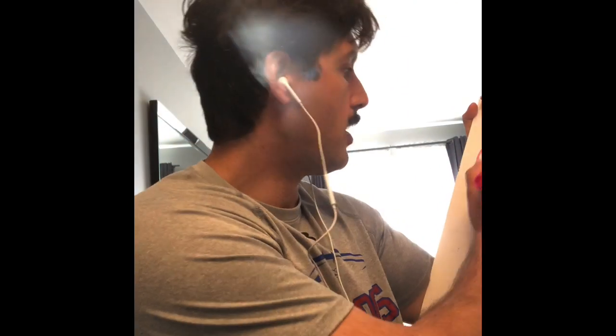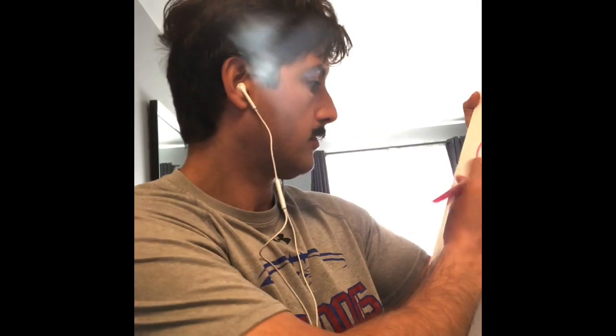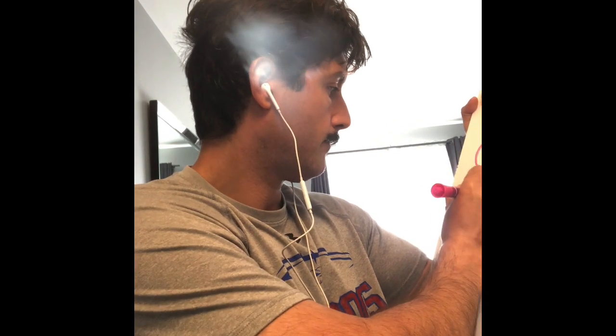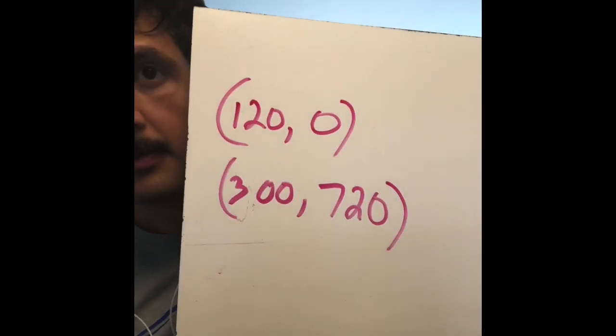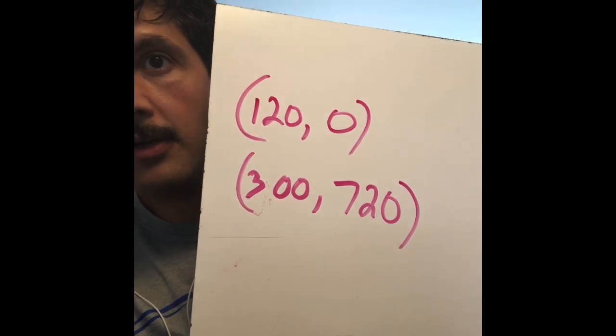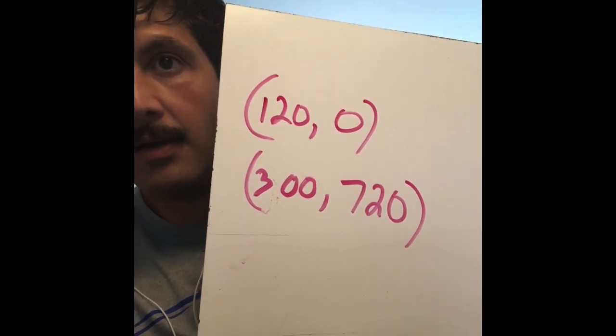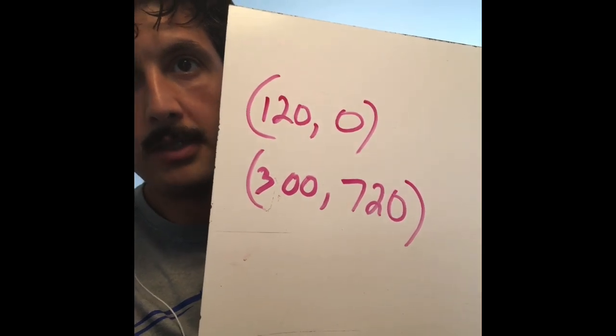If he sells 300, he's going to make $720. So there's the 2 points that they give you, and they want to know how much does he earn on the sale of each pair of mittens, and then what was the initial cost to purchase the mittens.